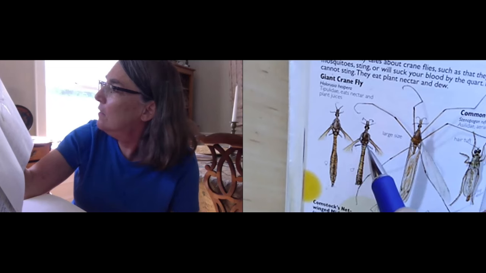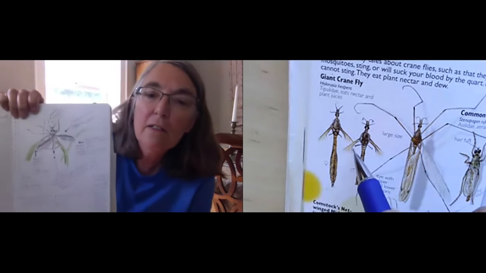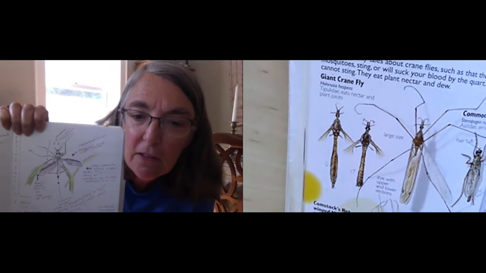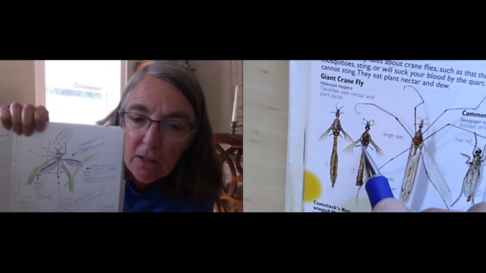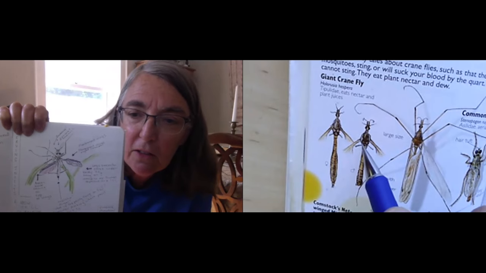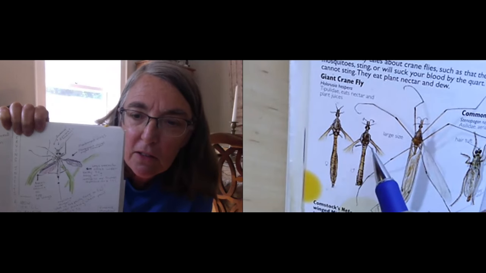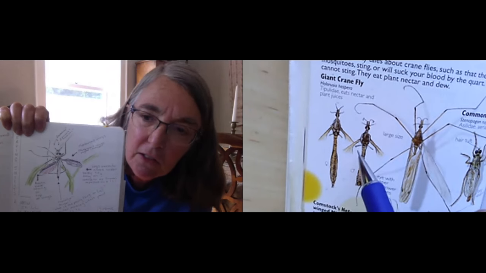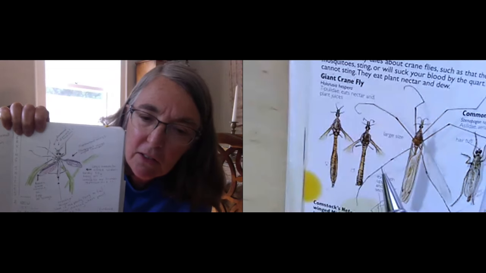And those little pegs, they're easy to overlook the first time you look at one of these, but the next time you get a chance to find a crane fly, or actually any kind of fly, you'll see these pegs with balls on the ends, and those little pegs will rotate like little gyroscopes as the insect is flying around and kind of help it keep level.